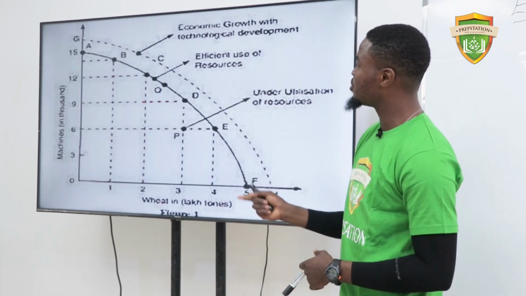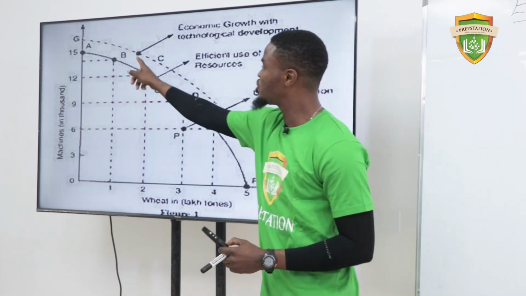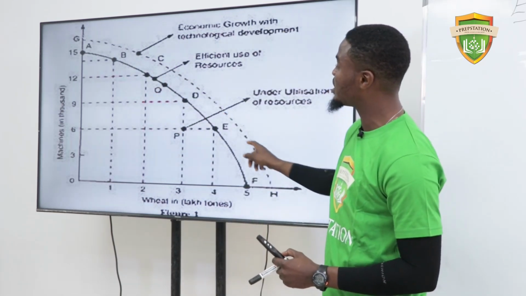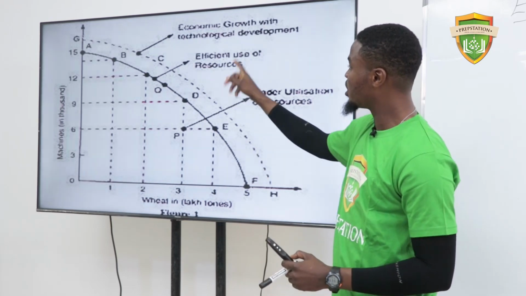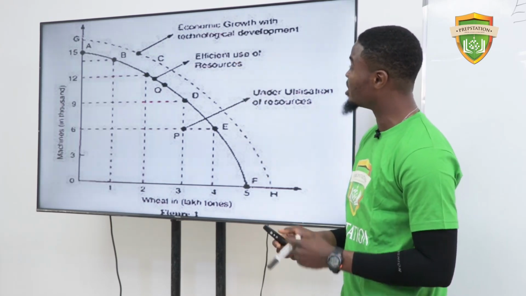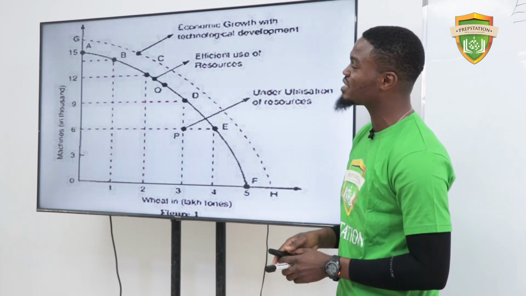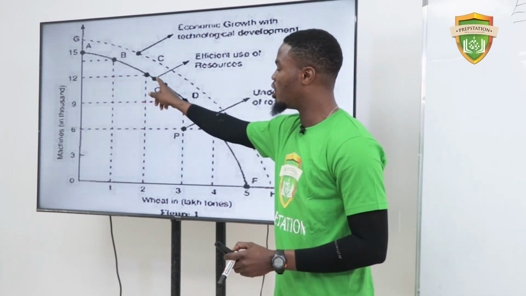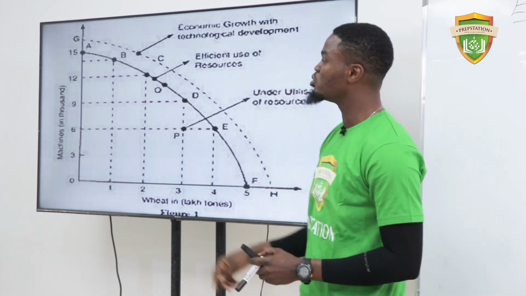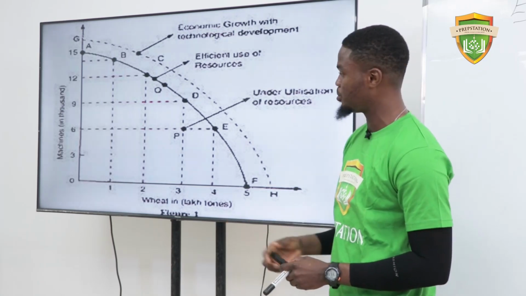As I explained previously, this traced dotted line for a new graph is economic growth with technology development. So that's the only thing that can force a new production possibility curve to be drawn.